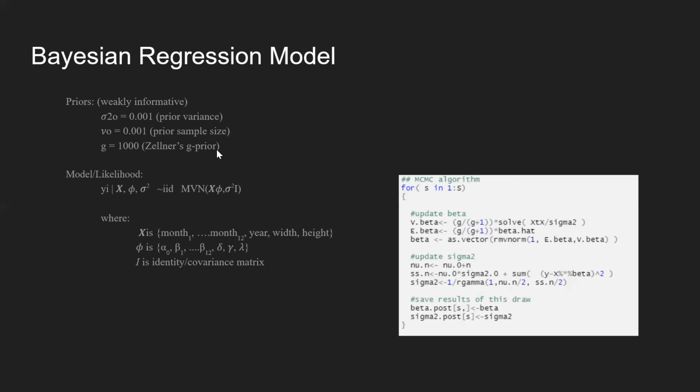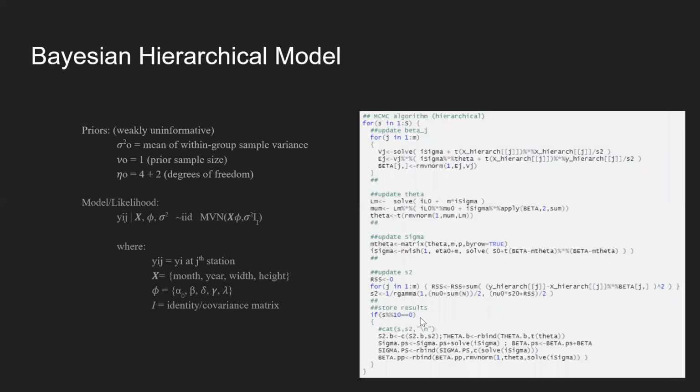We intentionally make the G prior bigger, and the prior variance and sample size smaller, just to make our priors uninformative. And then we update our betas with a multivariate normal distribution, and then update sigma squared from our inverse gamma distribution, and then keep all the calculated values for the posterior of betas and sigmas at the end.